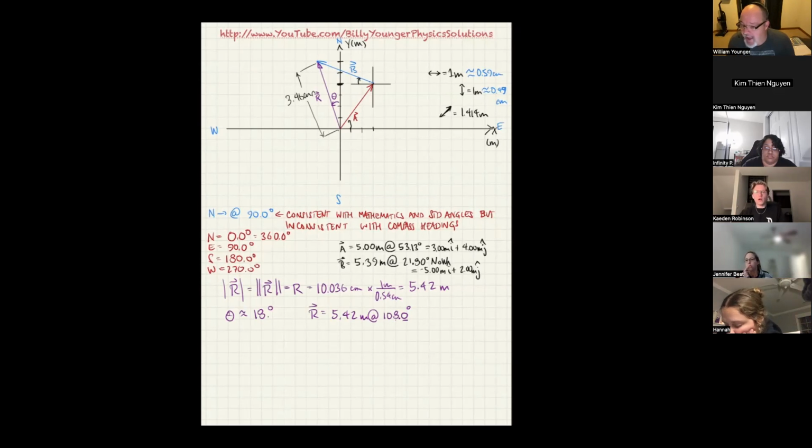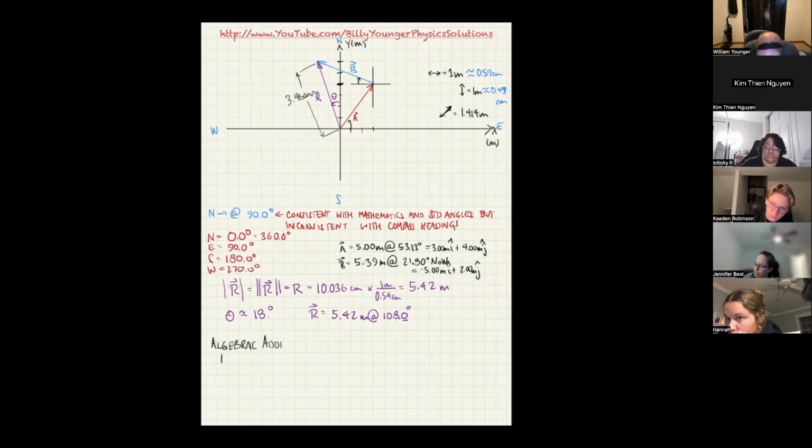So algebraically, since I have them in I, J, and K notation, all I have to do is add like terms. So algebraic addition yields the following.